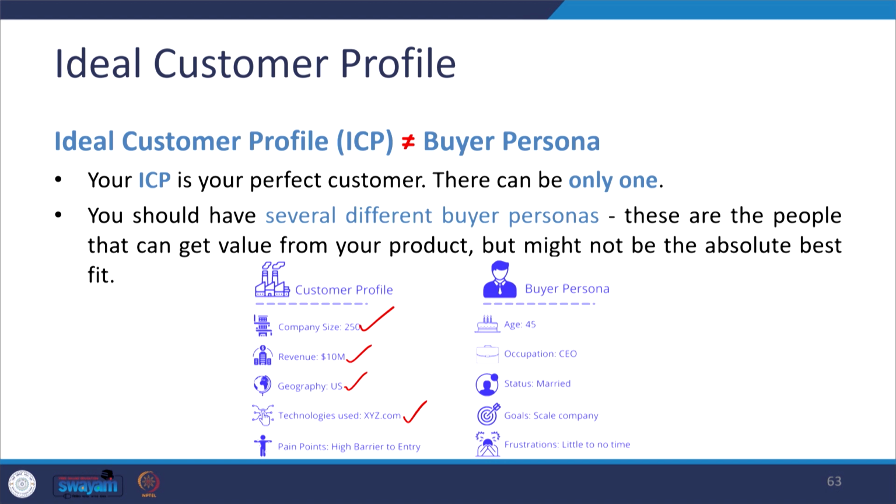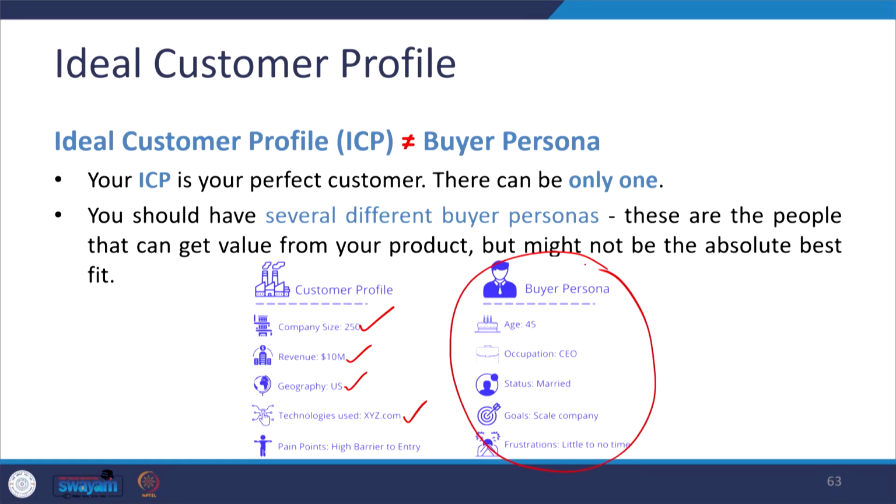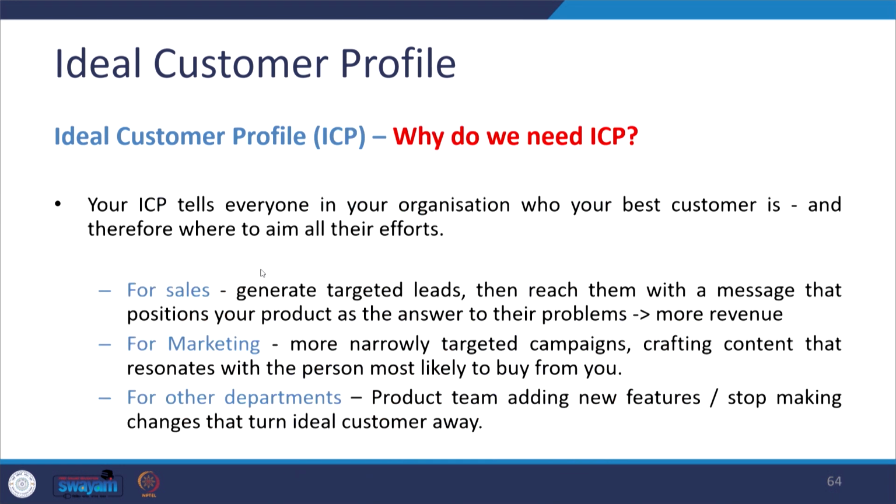Whereas a buyer persona is mostly a template of identical people who will react similarly to a particular product or solution. So for example, someone who is around 45 years old, is a CEO, married, and his goal is to scale the company, and he has little or no time, that's the particular problem he is facing. So this is an example of a buyer persona, whereas the ideal customer profile will be one only, that's a particular business that we are talking about.